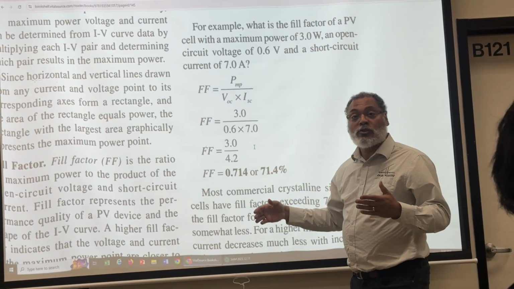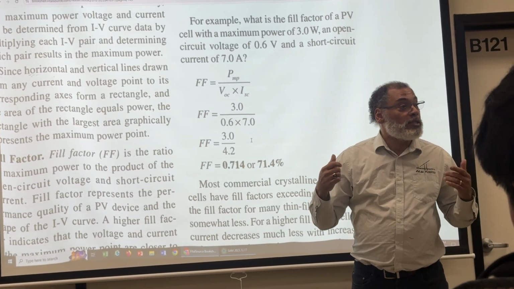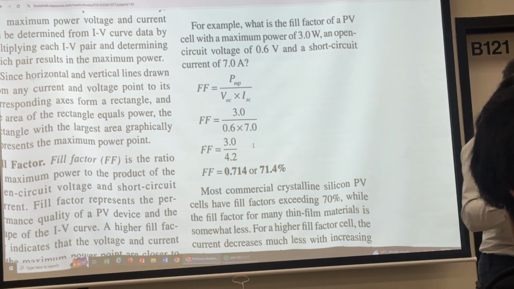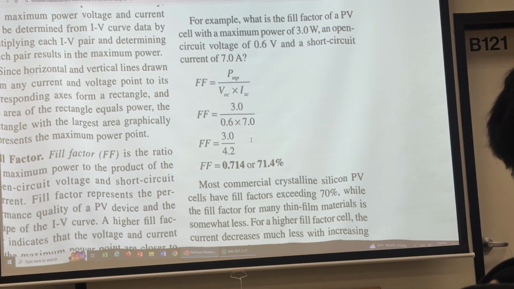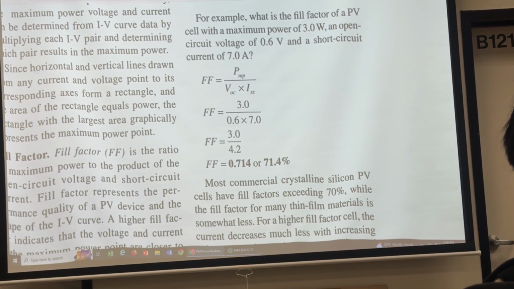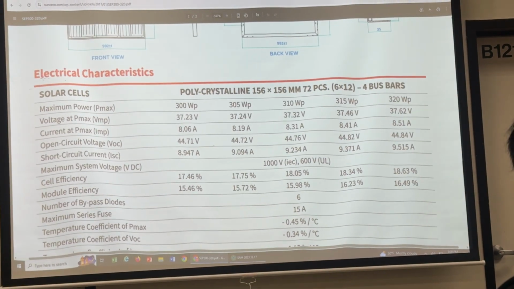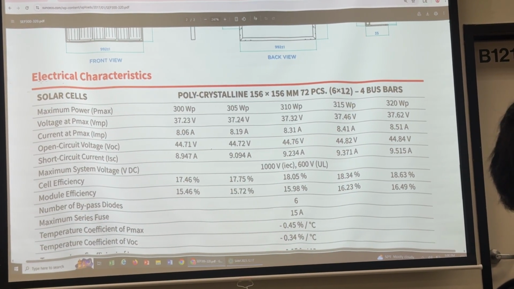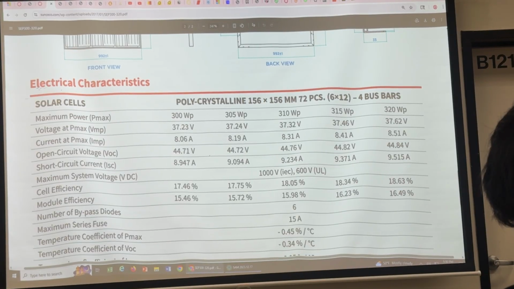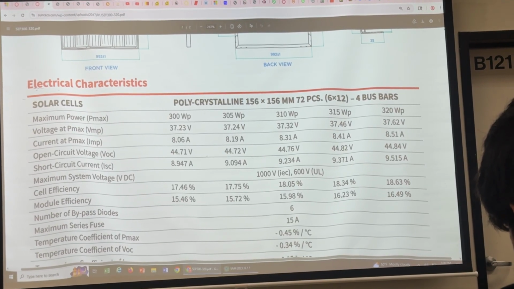So let's take a look at the solar modules that we were looking at before and see if you can calculate the fill factor. How do you calculate the fill factor for those? What's the fill factor of this solar module? Let's do the one that's 300.